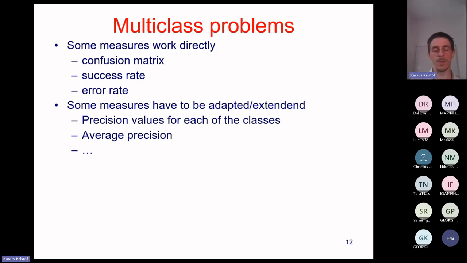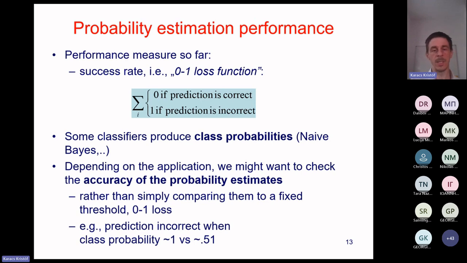There's one other direction that I would like to mention, which is the case when we have probabilistic estimators. In some models, the output cannot only be the class itself, which is the case for many models, including neural networks or some other ones like Bayesian predictors that are based on the concept of probability.